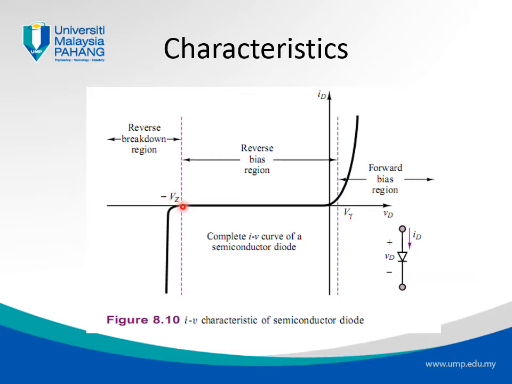We completely go across the depletion area, and basically the diode is broken. It just conducts electricity, and there's no opposition anymore to the current.